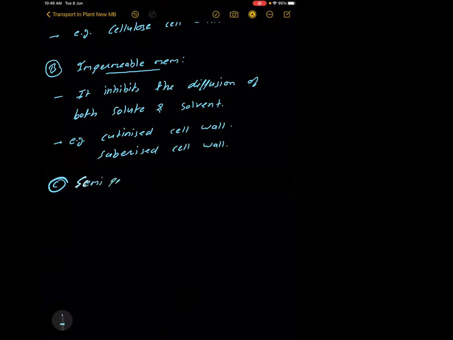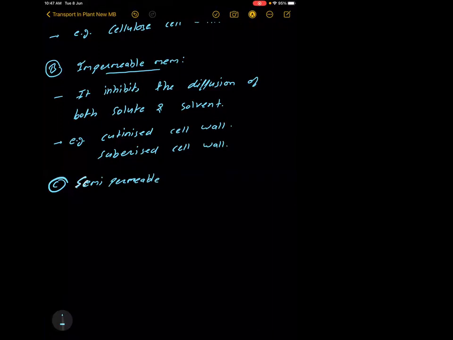Excuse me, sir. What is cutinized and suberized cell wall, sir? If the wall has a deposition of cutin, a cutin layer is formed around the wall, so it is a cutinized cell wall. Generally, the cell wall has cellulose only, the main component is cellulose.